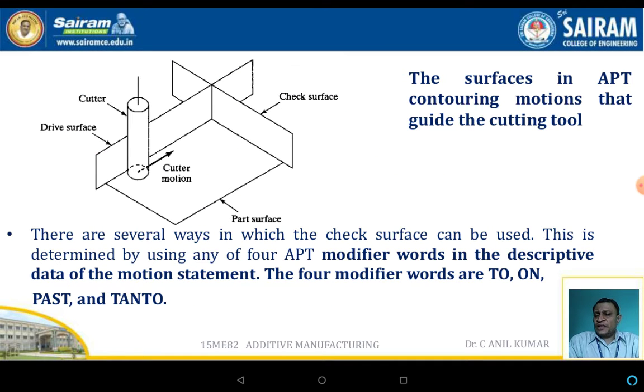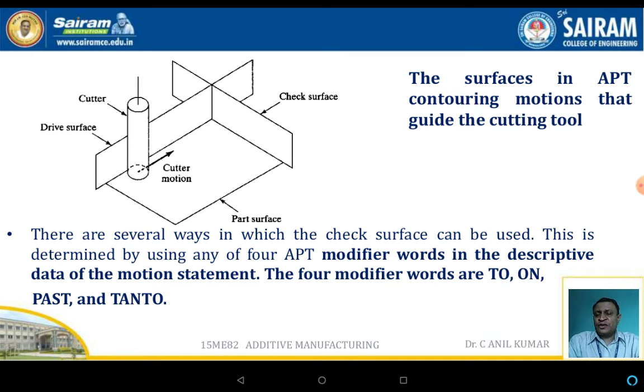Now, in the schematic diagram, we can look into that. In that, the surface on the left side is called the drive surface. The bottom one is called the part surface, and the cutter which is moving and landing at the extreme point is nothing but the check surface.